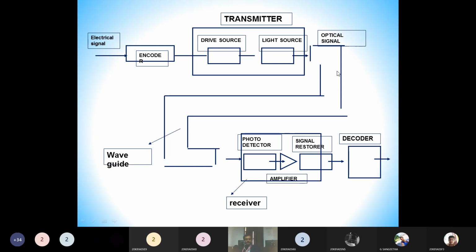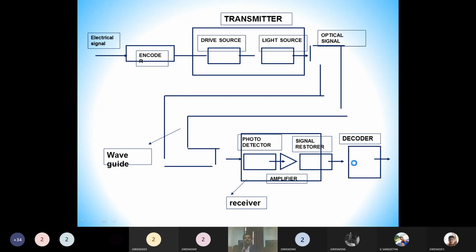Those optical signals transmit through the waveguide, and the photo detector converts them into electrical signals. Using the amplifier we amplify these electrical signals, and the decoder decodes them into the original form.